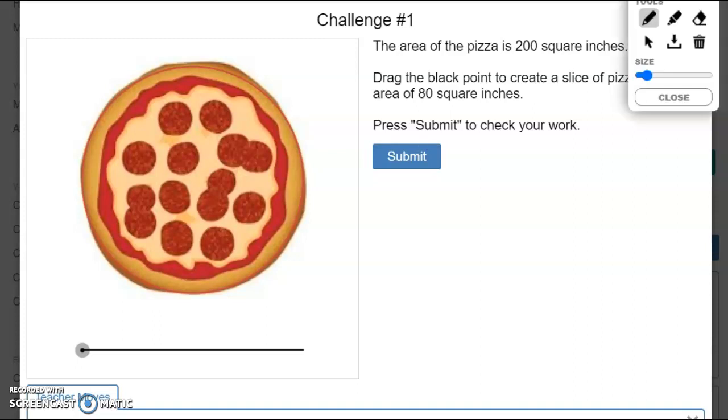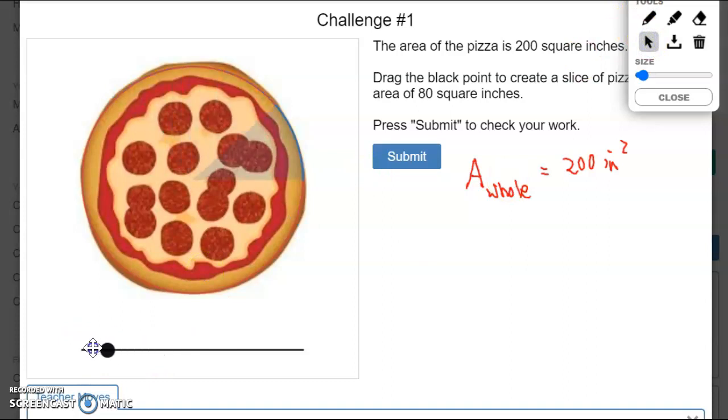So the area of the whole pizza is 200 square inches, and I am looking to drag the black point. I can drag the black point by moving this point.